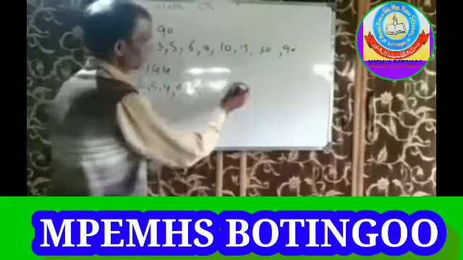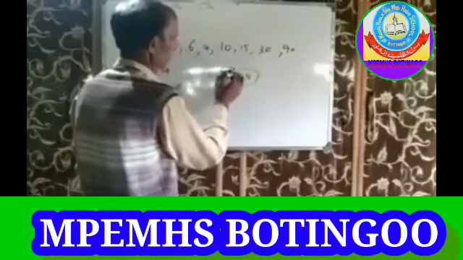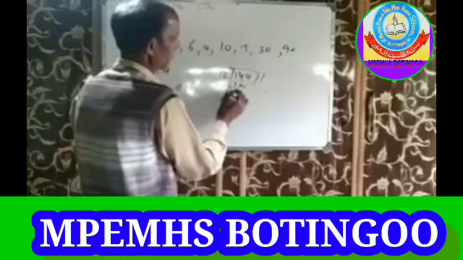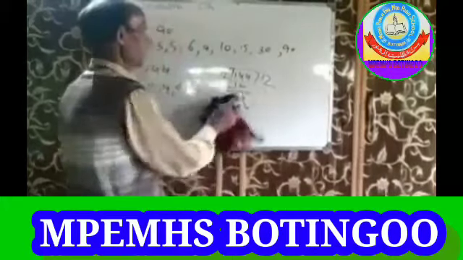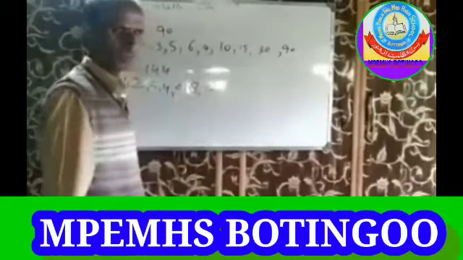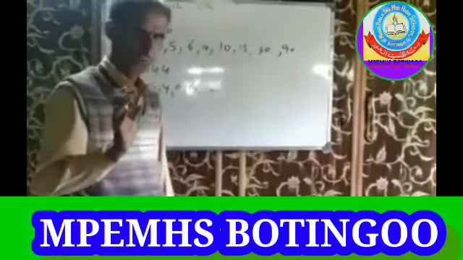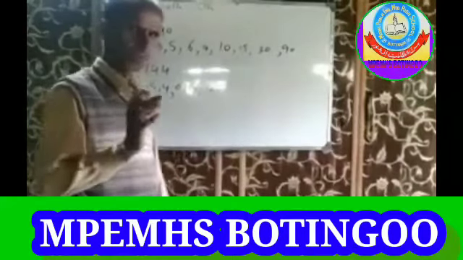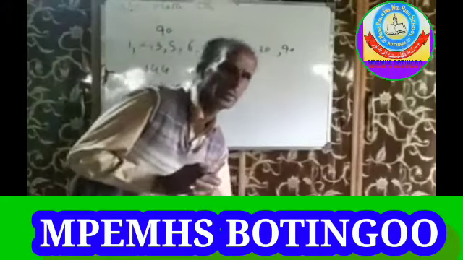After that, we can try 12. 12 1s are 12. 12 2s are 24. After that, 12 becomes a factor of 144. 13 is not a factor of 144. 14 is not a factor of 144. 15 is not a factor of 144.